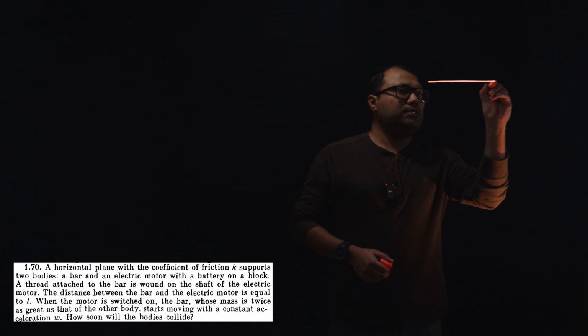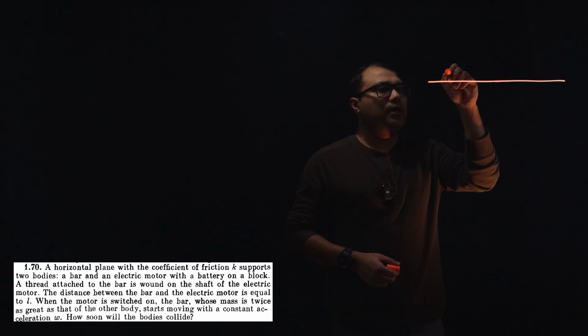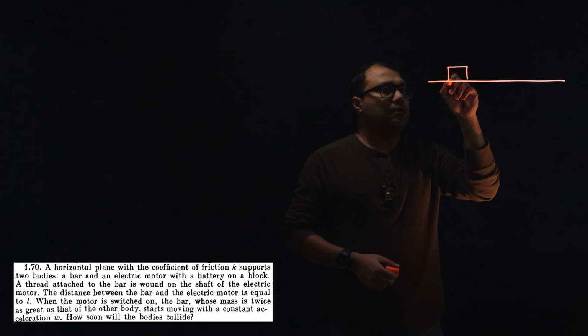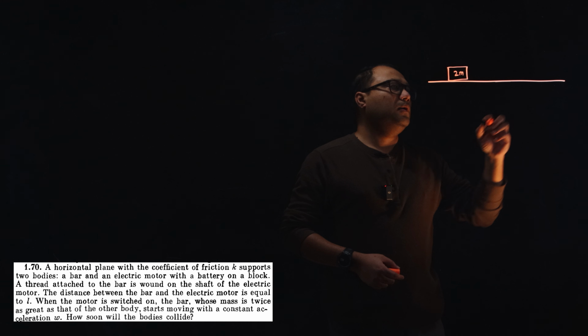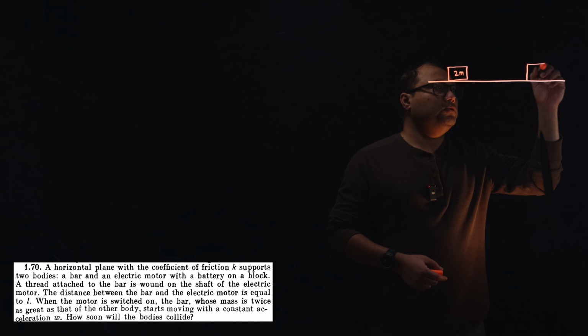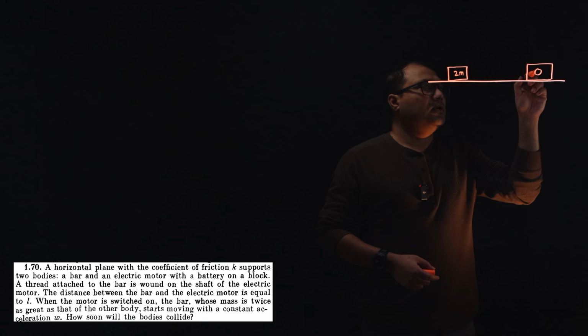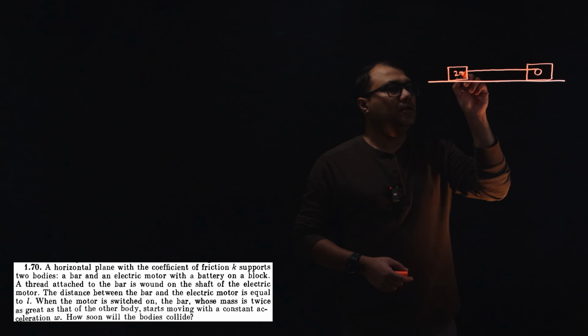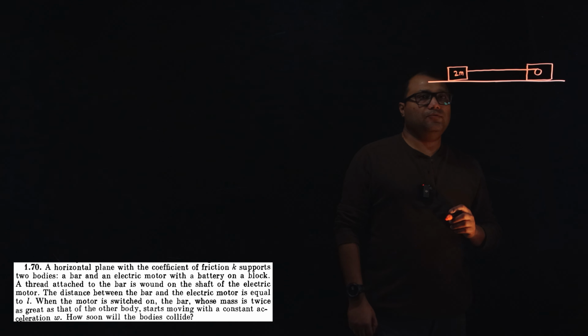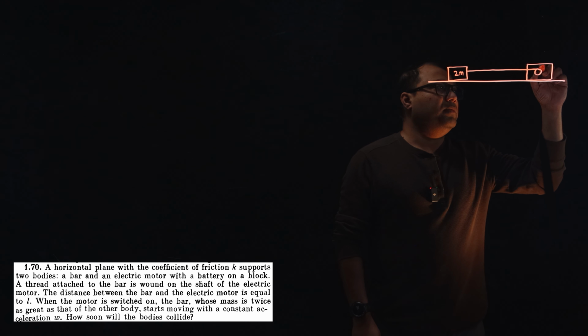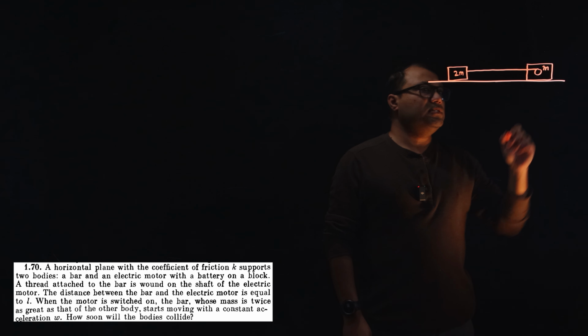So we have this surface, we have a bar whose mass is 2m, and then we have an electric motor, and it has a cord that attaches this bar with mass 2m. This battery plus electric motor's mass is m.